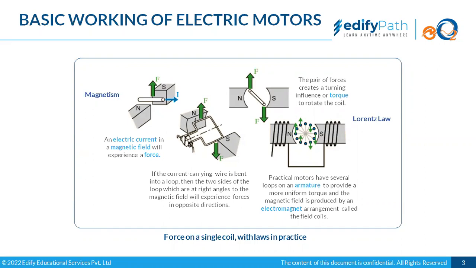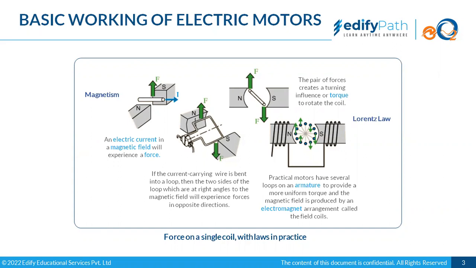The forces make the rotor in the motor, or any conductor placed between the magnets, move, and that induces a torque. The rotating motion is called the torque. This is as per the Lorentz law.